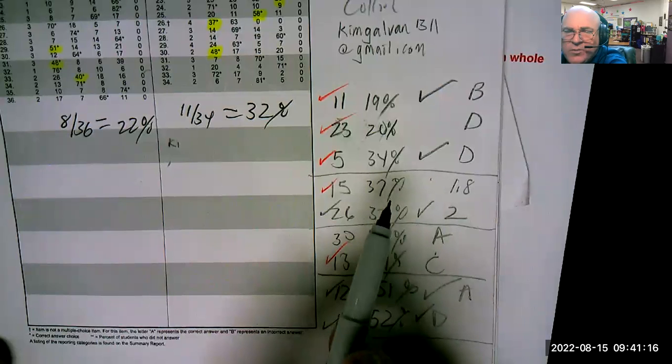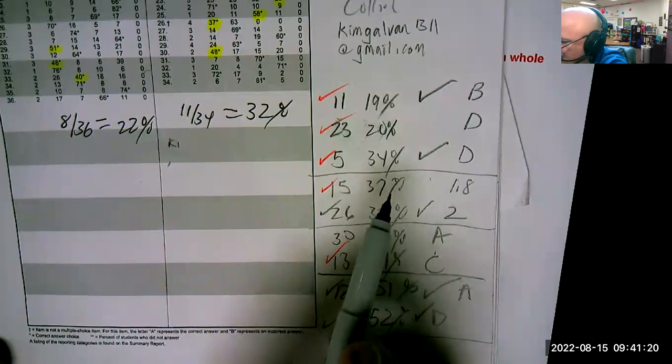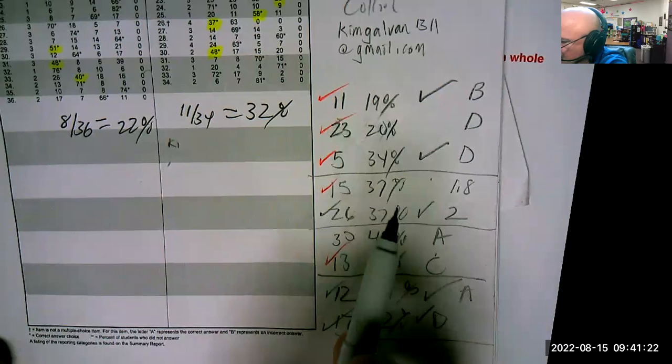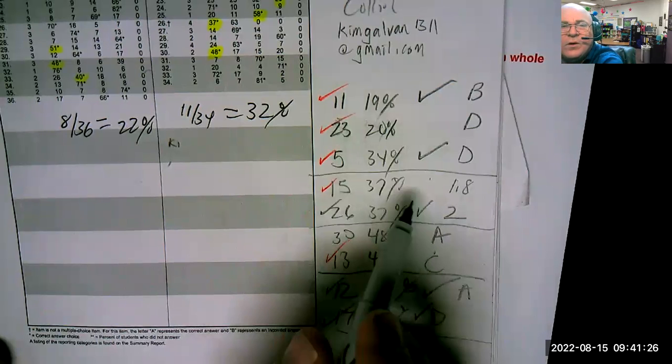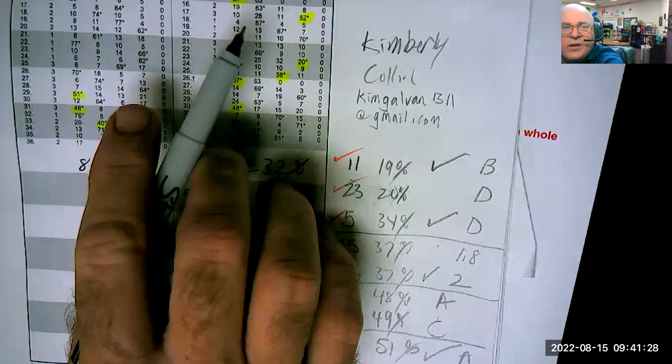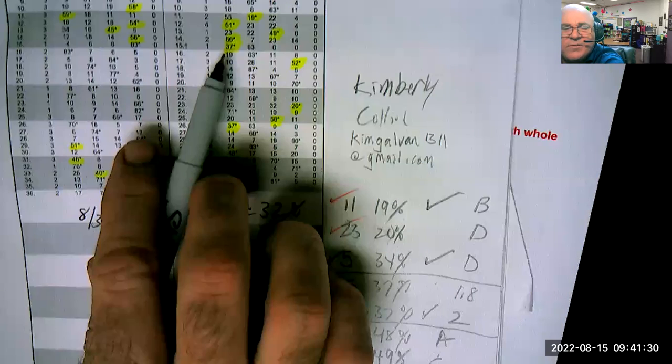I'm going to practice all the ones in the 50s. So what we'll do is the real number 15 is 1 and 8 tenths, which only 37% of the students got correct.